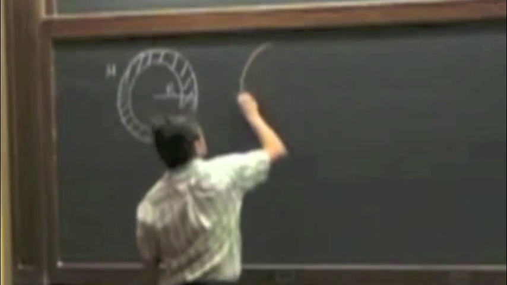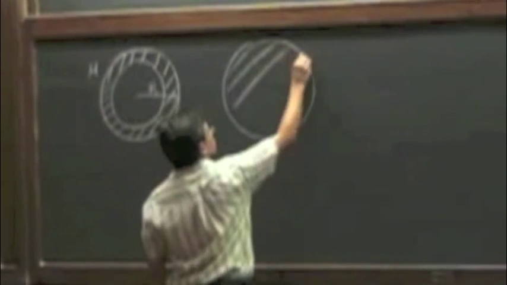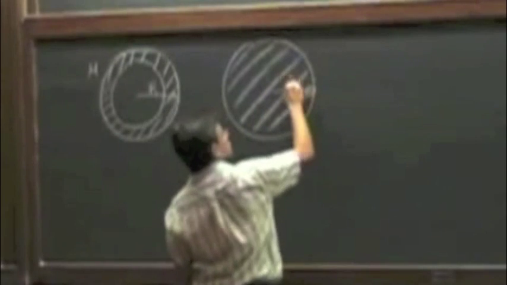Let's say that you have two objects and they have the same radius. It might be made of different material, but they have the same mass and the same radius. So this is R and the mass is M, and this one has the same radius.